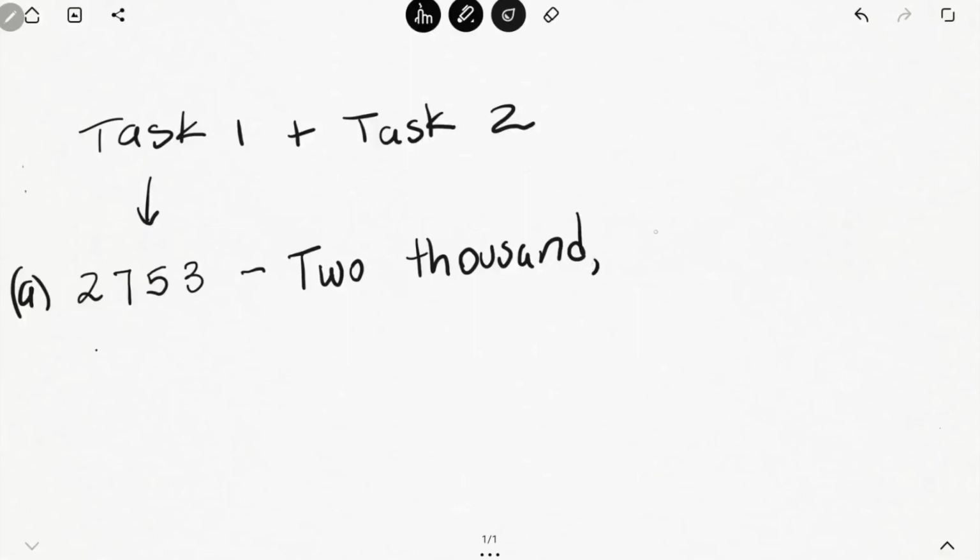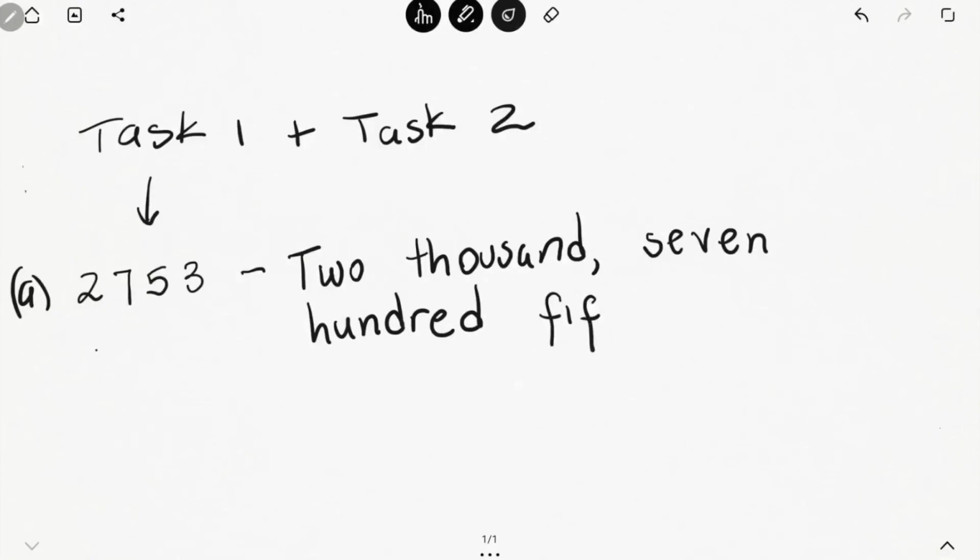You put a comma after the 1,000. Every time after the 1,000, you put a comma. 700, and the last two numbers, again, this is greater than 20, so when you write it in words, you say 50-3. All right, so that is what you would have to do for task 1 on page number 8.